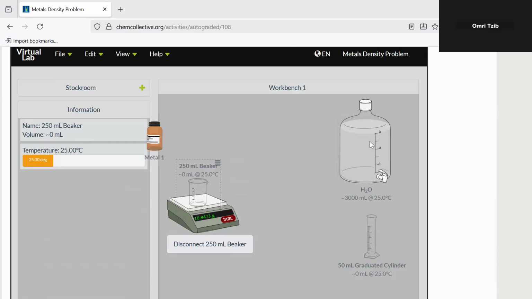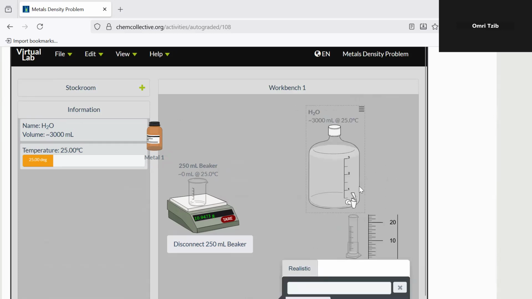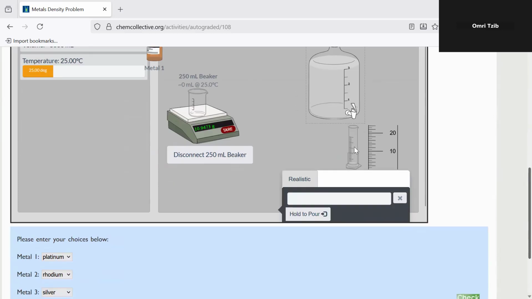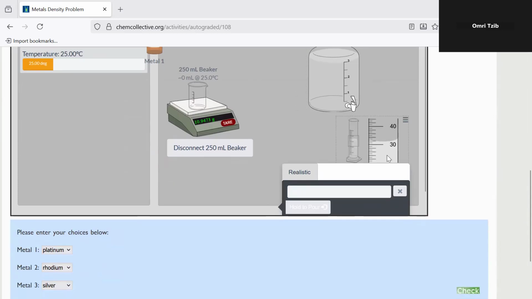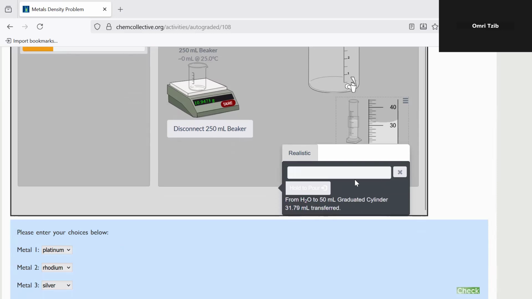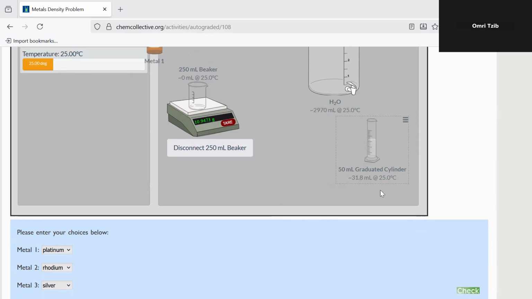And the next step is we pour our water into our graduated cylinder to obtain a volume. And the amount given is 31.79, so it would be 31.8 milliliters. Now we record this into our table.